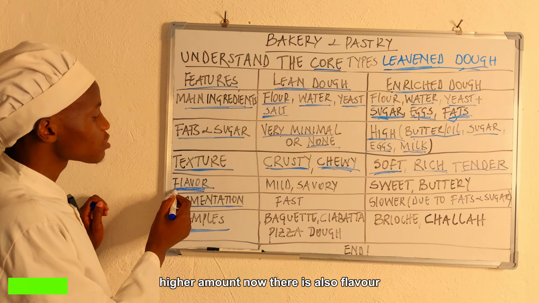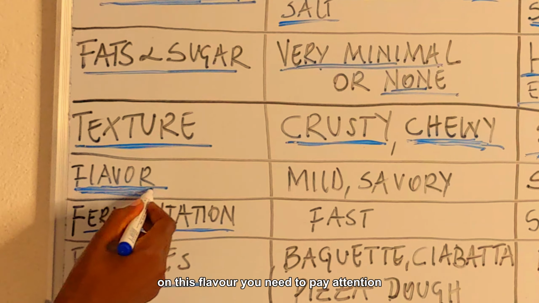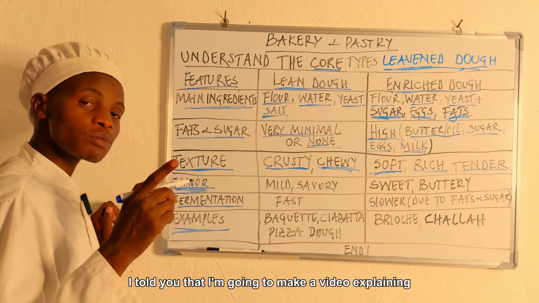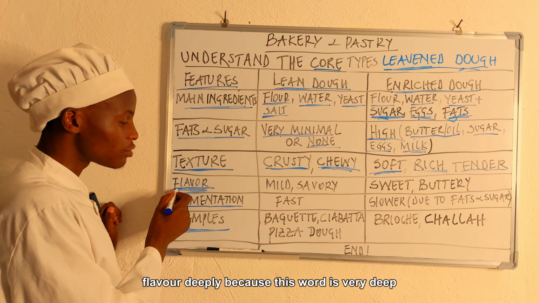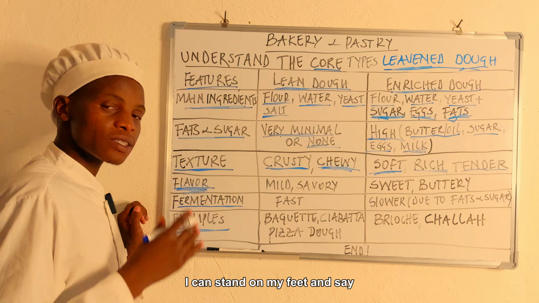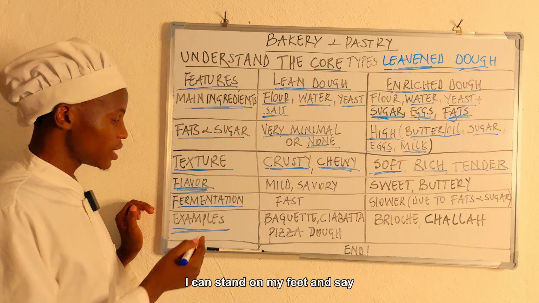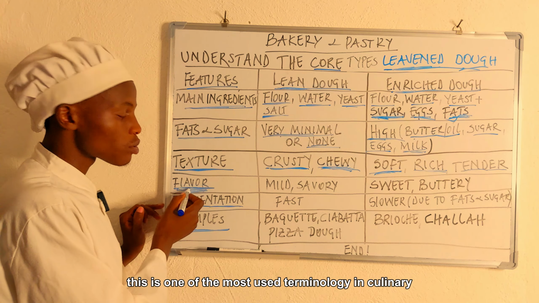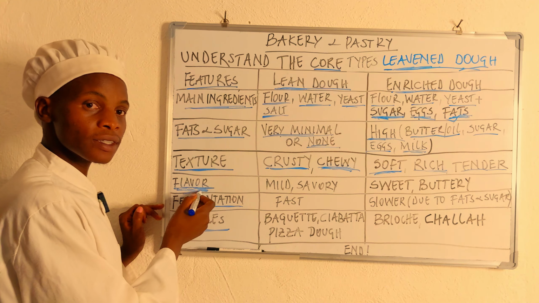Now, there is also flavor. On this flavor, you need to pay attention. I told you that I'm going to make a video explaining flavor deeply because this word is very deep. I can stand on my feet and say this is one of the most used terminologies in culinary.